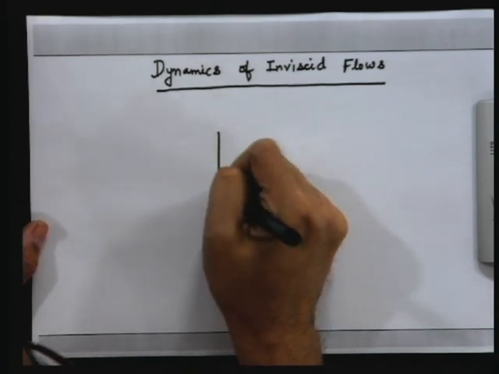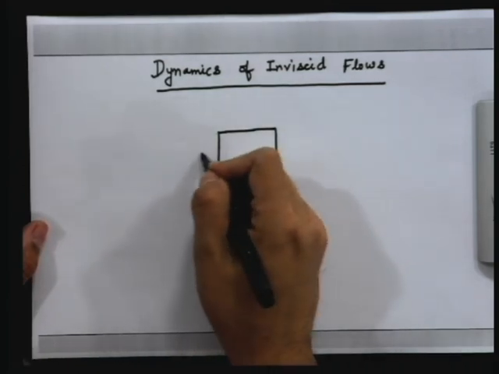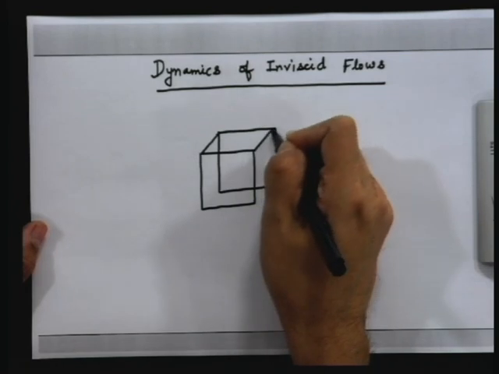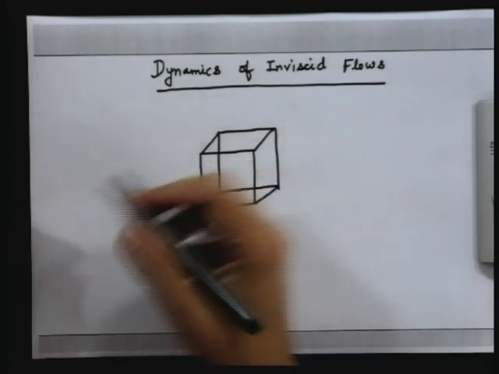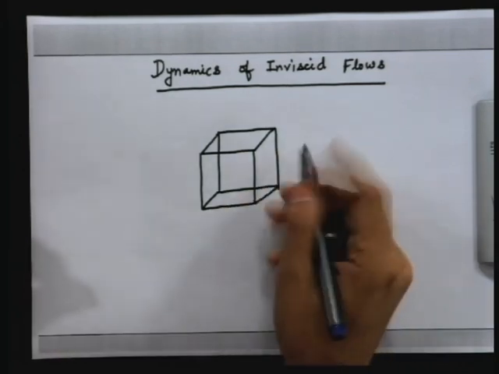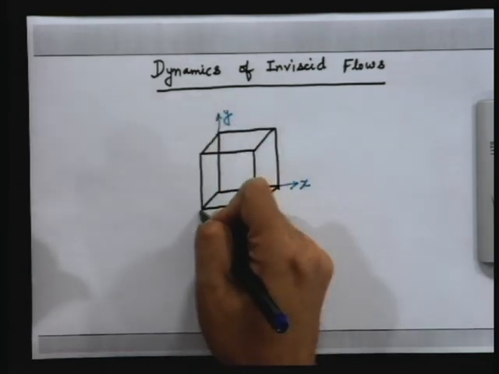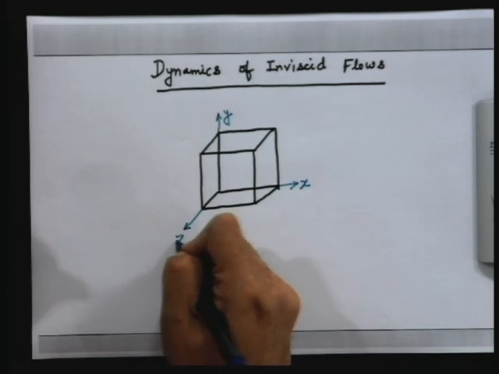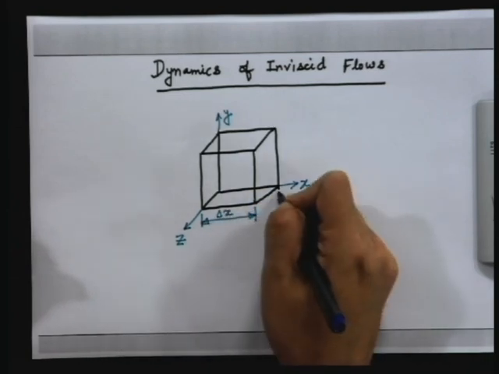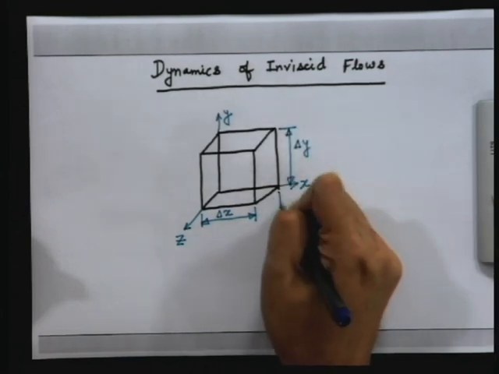Let us say you have a rectangular box, and let us give some dimensions to the sides of this box, but before that we set up the coordinate axes x, y and z, and the dimensions along these are delta x, delta y and delta z.